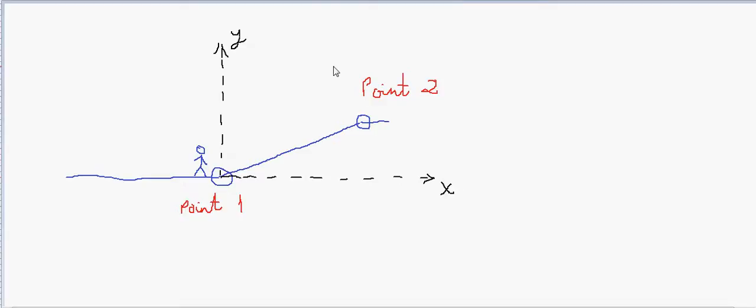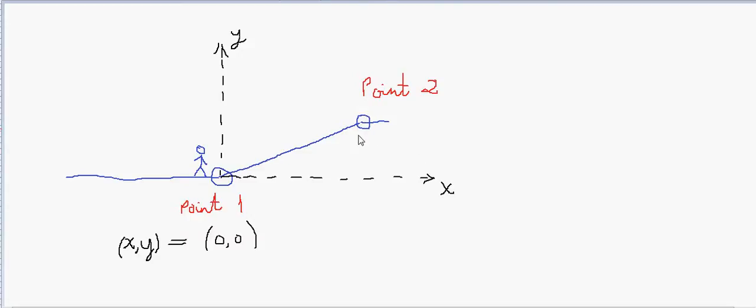And as you can see, this problem becomes fairly simple. We've put the first point at the origin to make it easier. Origin meaning that y and x are both 0. So let's write that down: x and y are equal to 0.